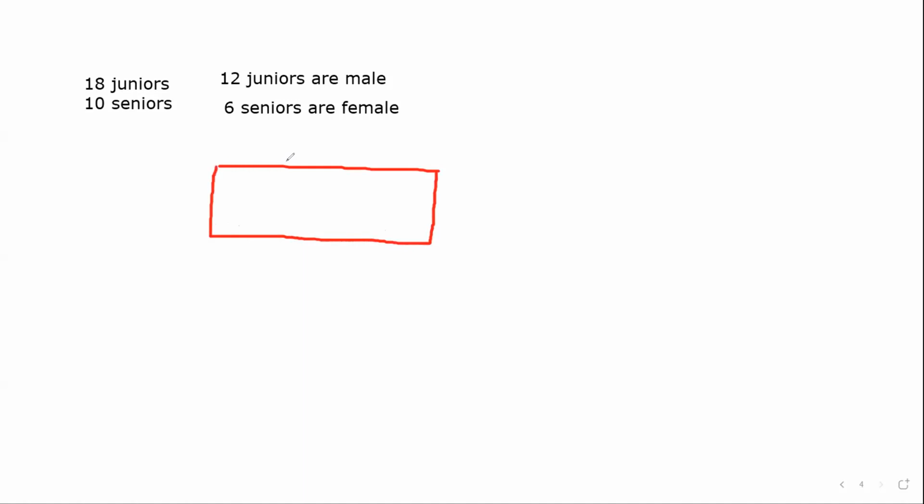So we're going to draw our box. We're going to have our regular 3 by 3 going on here. We're going to have juniors, seniors, and a total.